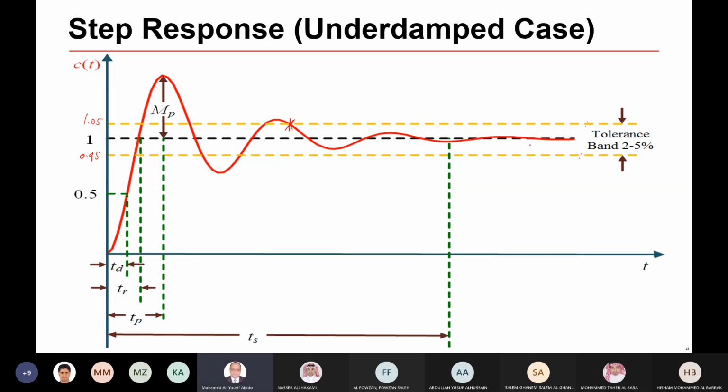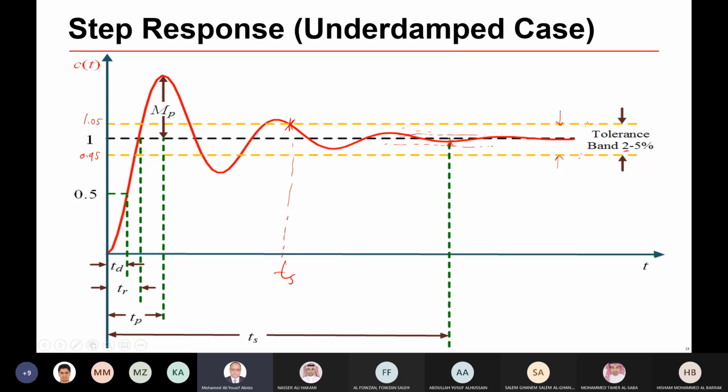So the response is within this tolerance. This is called the settling time. If you select 2%, that means you have a very narrow band. Of course, you can shrink these bounds to 2%.